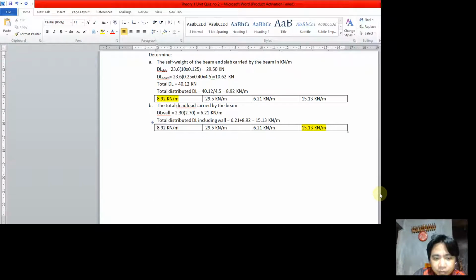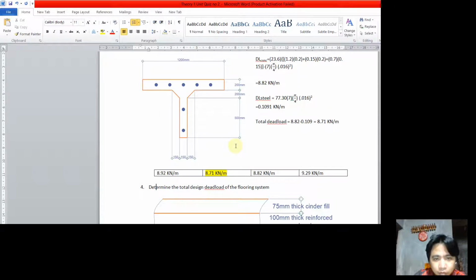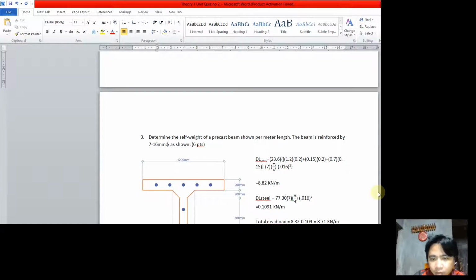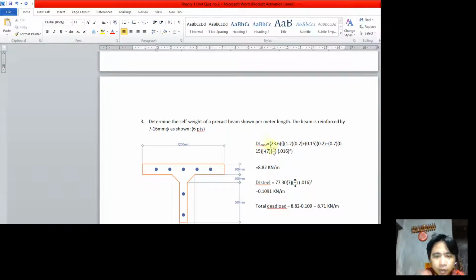So moving on, for number 3, we have here a reinforced concrete beam of composite shapes.